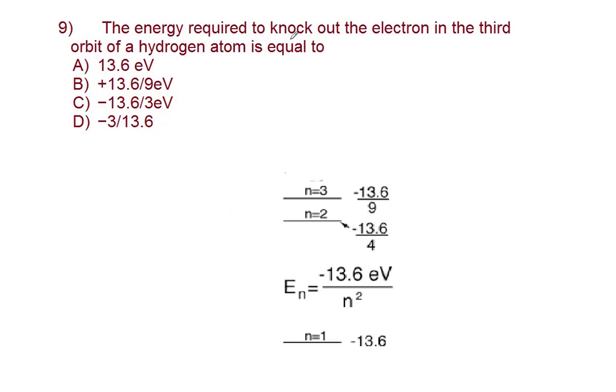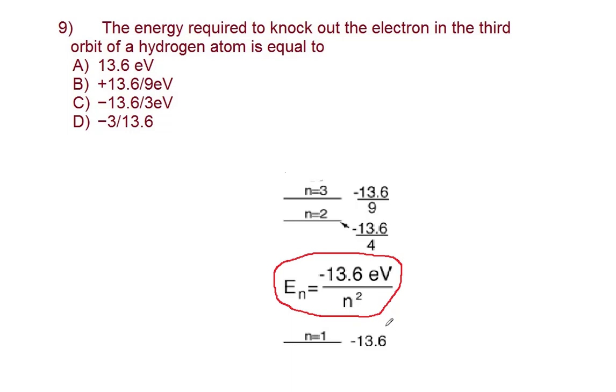Next we come to question number 9. The energy required to knock out the electron in the third orbit of a hydrogen atom is equal to. So these are the 4 options. Now we must know this is the formula for the energy of the electron in any orbit. This is proportional to 1 upon n square. For the first orbit we have n equal to 1, for the second orbit n equal to 2, for the third orbit n equal to 3, for the fourth n equal to 4.